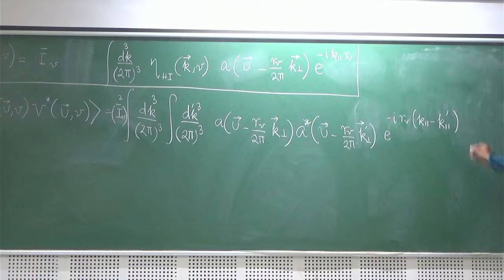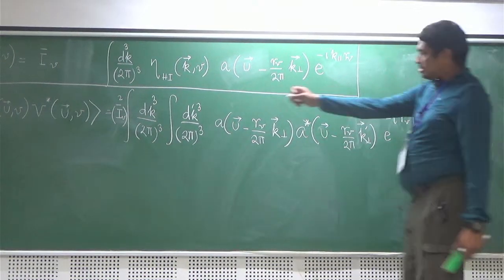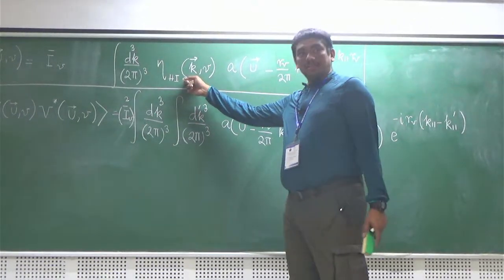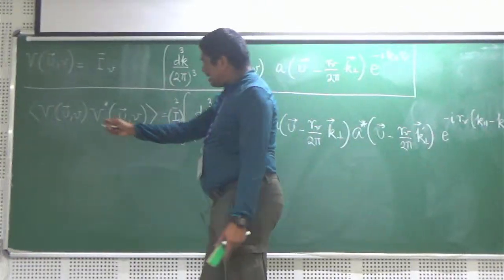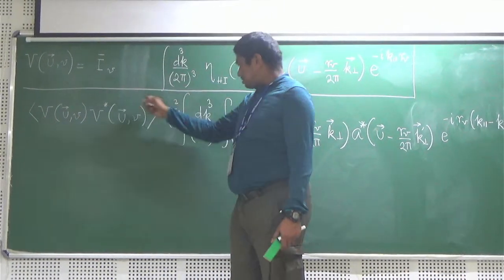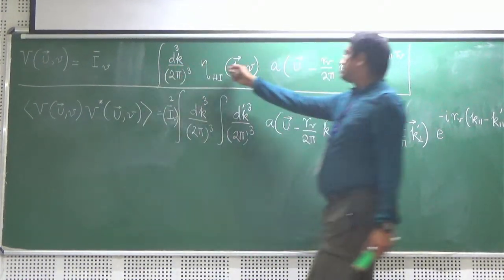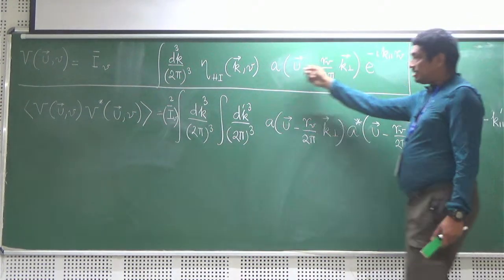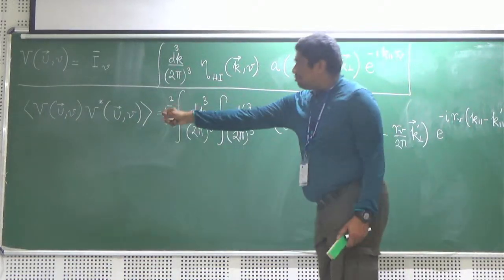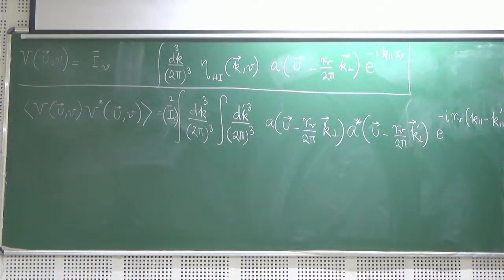What else? The rest of the thing is two of these etas, right? Now remember that on the left hand side I have done this curly bracket thing, which is an ensemble average. The only thing which has a stochastic nature on the right hand side is this. So the ensemble average will only happen on that.